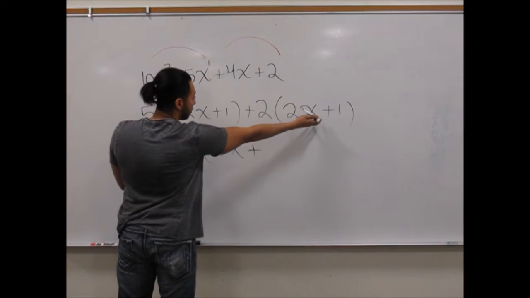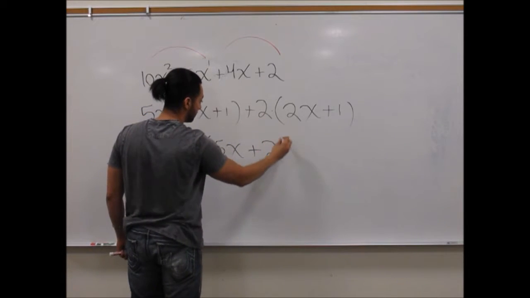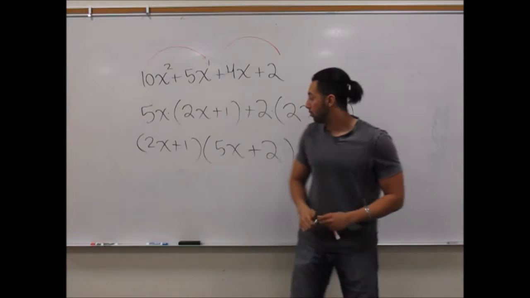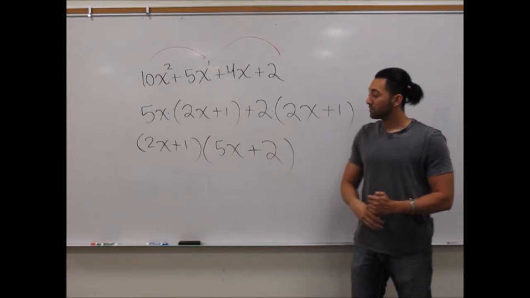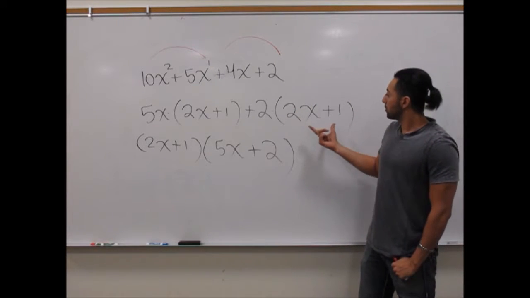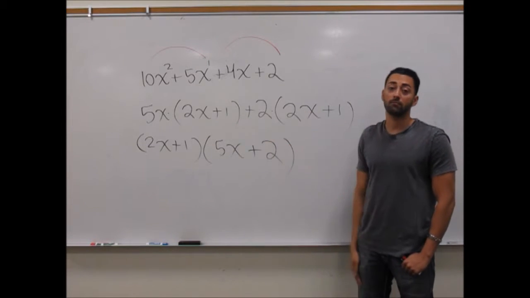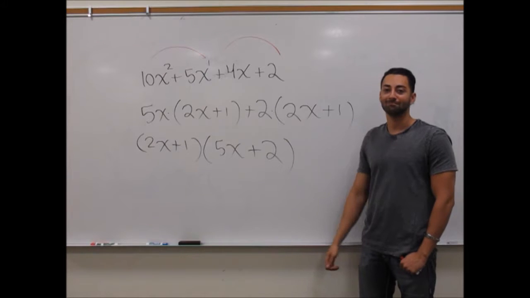And since I took this 2x plus 1 out, I factored it out, the 2 is left. And that's as far as you could go. So we'll do a couple more examples. It's the same thing as GCF. It's just that something new will appear here, and then you'll just factor that out again.